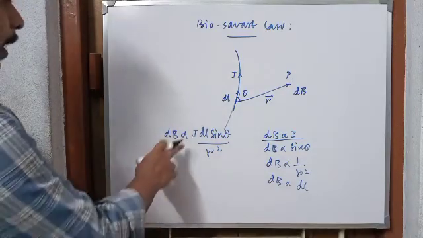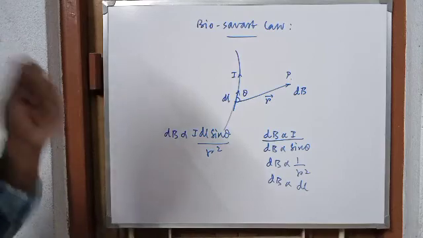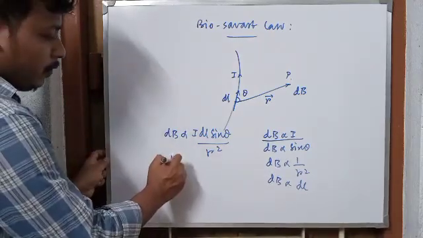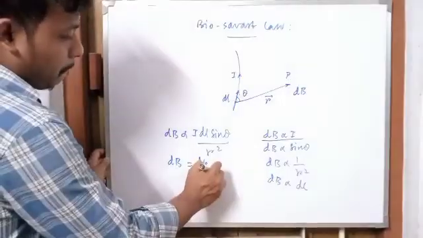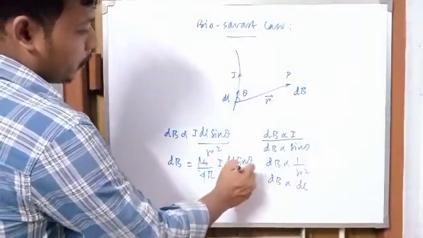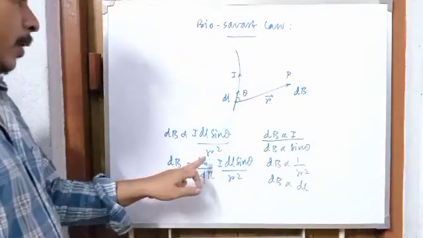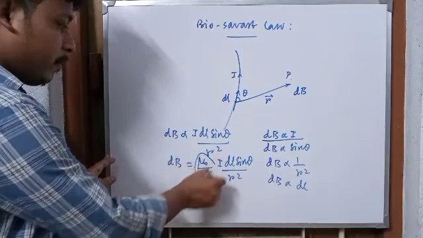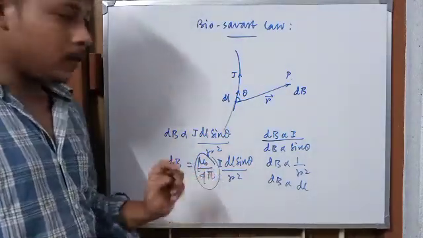As there is a proportionality, there will be a proportionality constant, that is dB is equal to mu naught by 4 pi, I dl sine theta by r square. What is mu naught? This is a proportionality constant but not a dimensionless constant. It has a dimension.